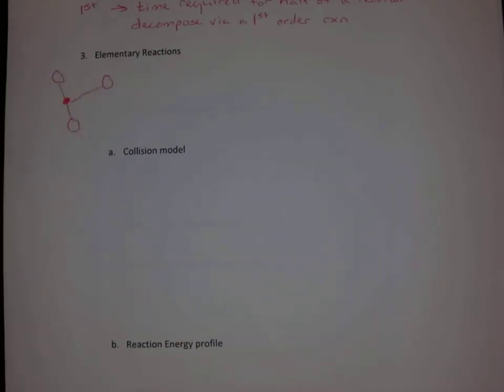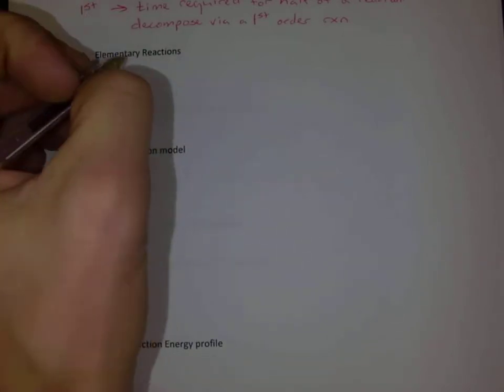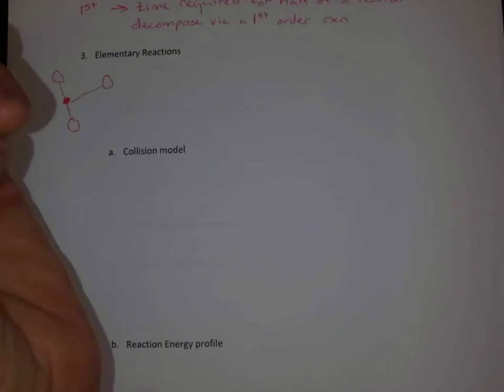If we think about three balls trying to hit each other, for us to get two balls to hit at the same time is pretty easy. But for us to get all three balls to hit at that exact same time is pretty difficult, okay? And so based on this understanding, we say that it's going to be really difficult for three particles to hit at the same time, okay?